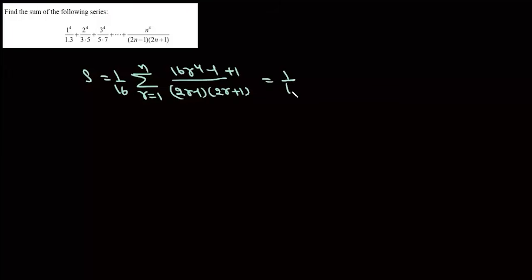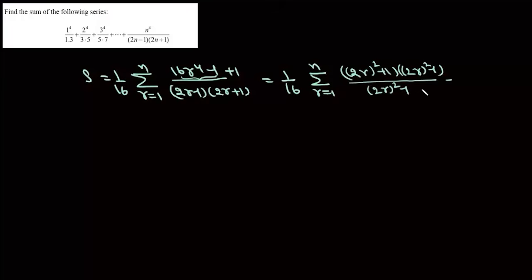So we can write this as 1 by 16, and this is summation r varies from 1 to n. Now this is (2r) to the power 4 minus 1. So it'll be ((2r) square) whole square minus 1, a plus b into a minus b. So we can write (2r square plus 1) into (2r square minus 1) upon (2r minus 1) into (2r plus 1), plus 1 by 16 into summation r varies from 1 to n of 1 upon (2r minus 1) into (2r plus 1).